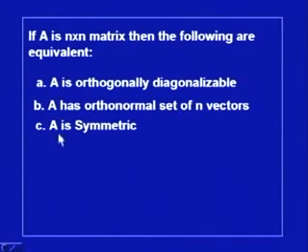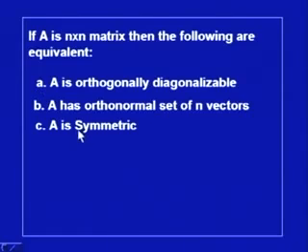So, these three statements are equivalent. By this I mean to say, if A is true, then B is also true, and if B is true, then A is also true. Also, B implies C and C implies B. Not only this, A implies C and C implies A.